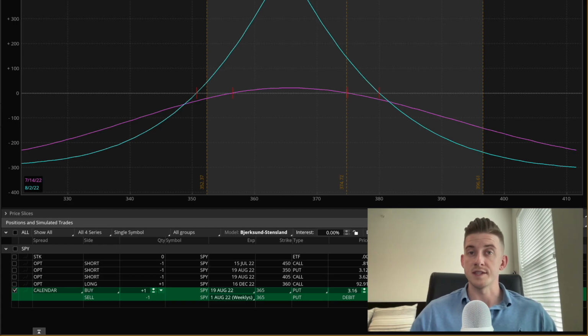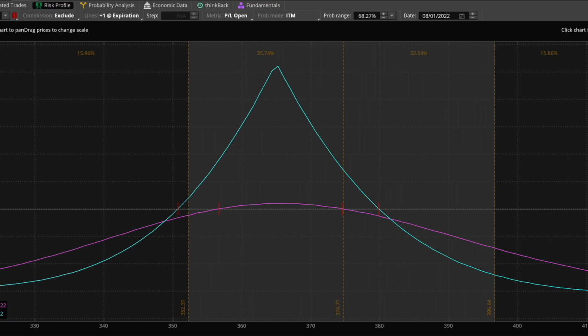Where basically you would sell the long put option and buy back the short put option and close the whole trade. Of course, you could also wait until the expiration date for your short put option, but the chance that by that time SPY is going to be exactly at 365 is almost 0%.